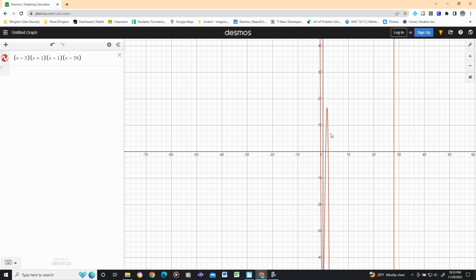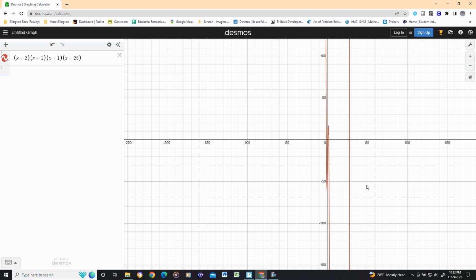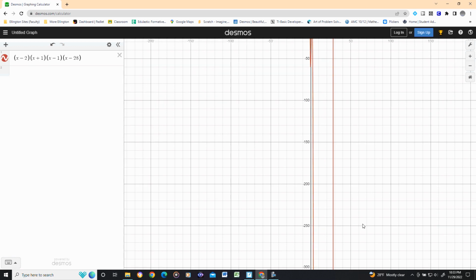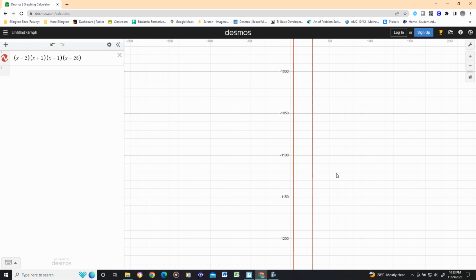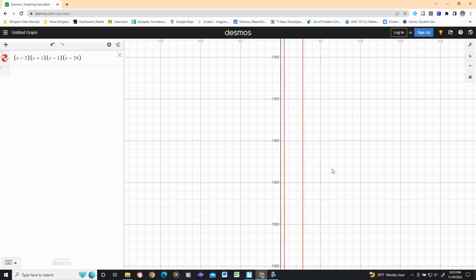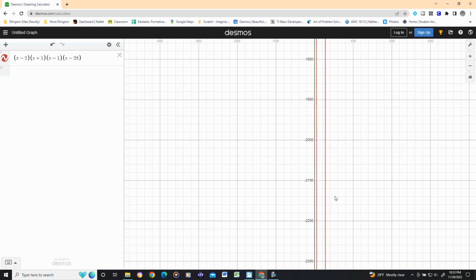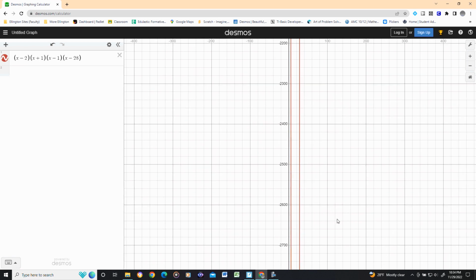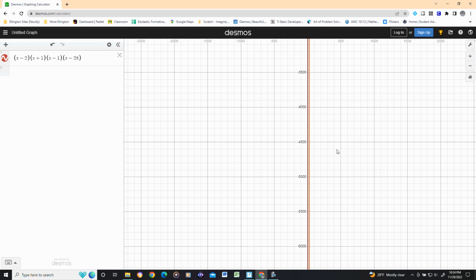So it must be going back down this side, which means it's going to have to come up this side, which means we're going to have to scroll down, but not just down, down, down, way down. Let's look for the local minimum. We're at negative 2100. Oh my goodness. We're going to scroll this all the way down.